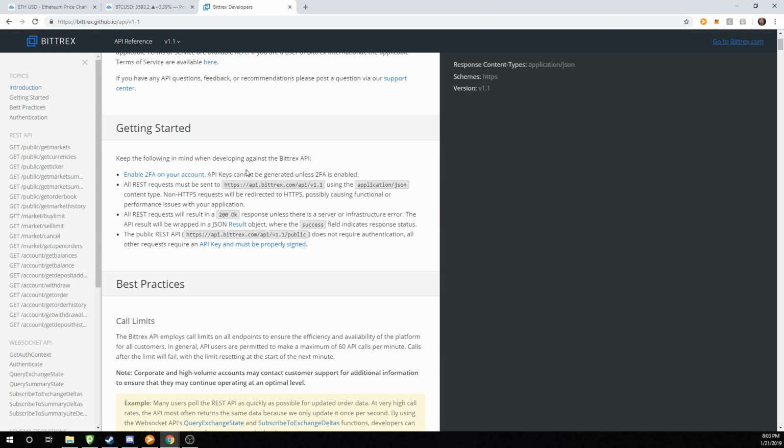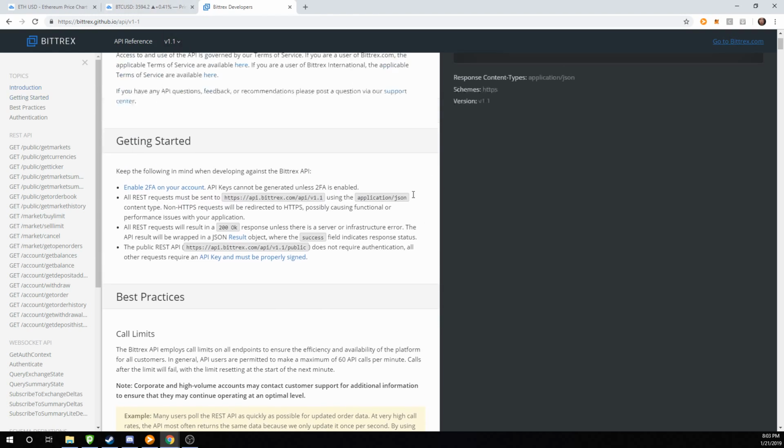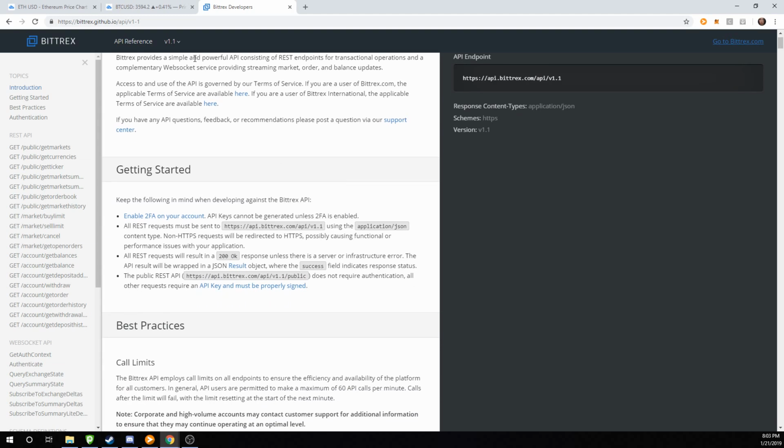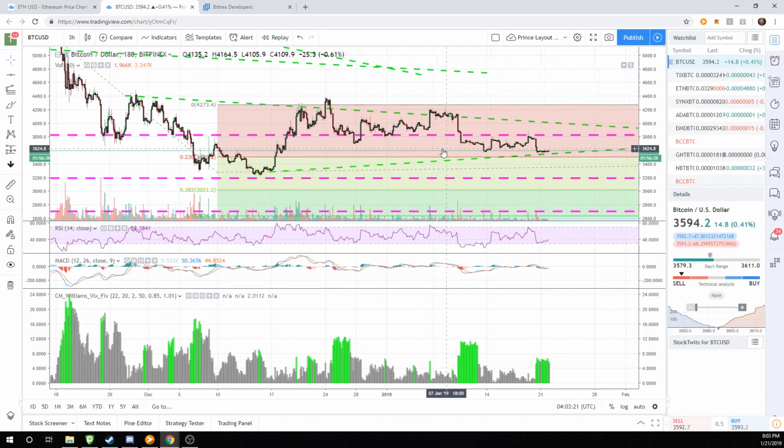There are lots and lots of really good free applications out there that will take a read-only key of your Bittrex account and figure out what your dollar cost average is. I'm imploring you to use them.